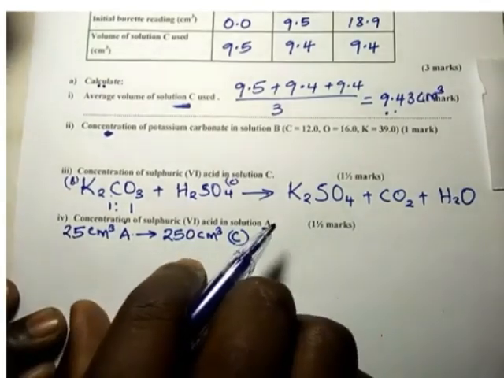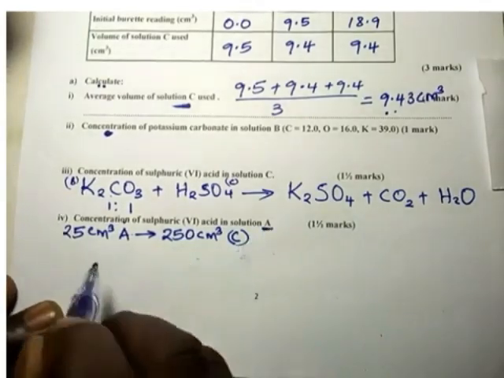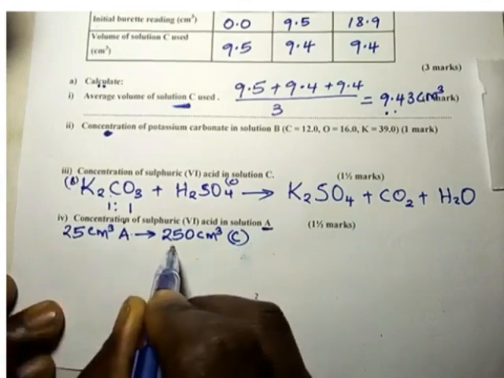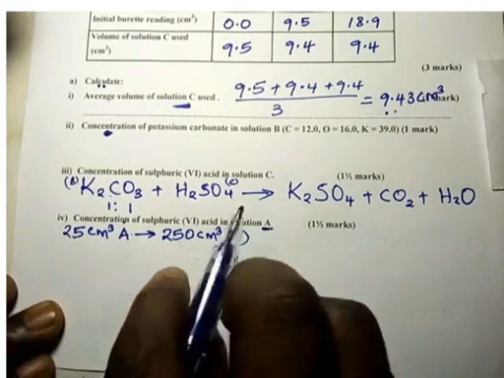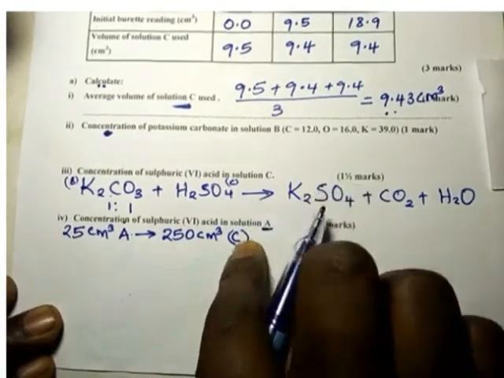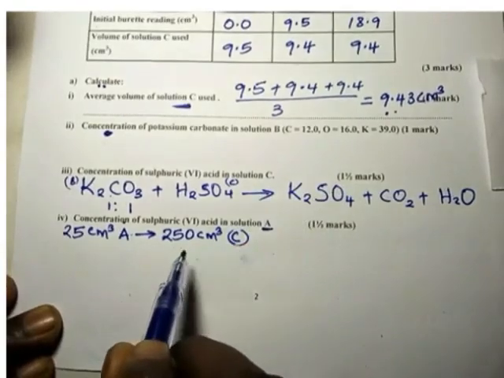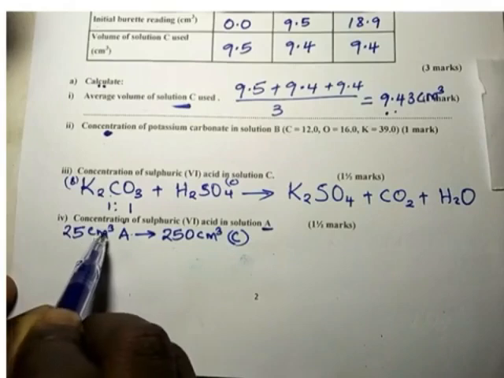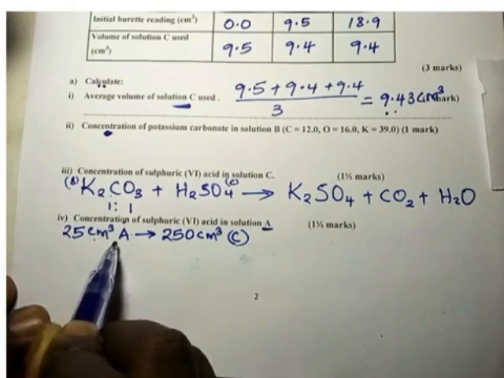So what is very important here is for you to know that the number of moles in 250 centimeters cube of solution C will be exactly the number of moles in 25 centimeters cube of solution A. Did you get that? Let me repeat that. Very important.